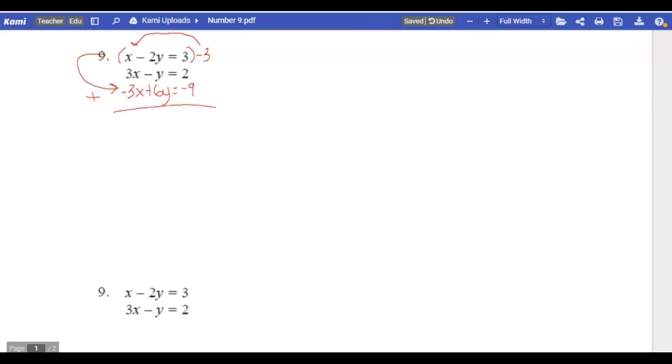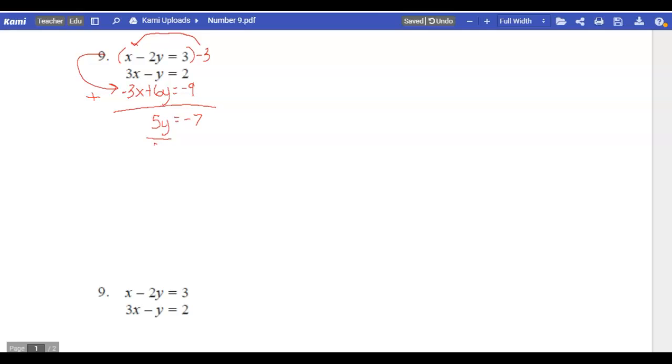Right, so when I add these together, my x's cancel out because they are opposite, and that's elimination. -y plus 6y becomes 5y. And then 2 and -9 combine to get a -7.